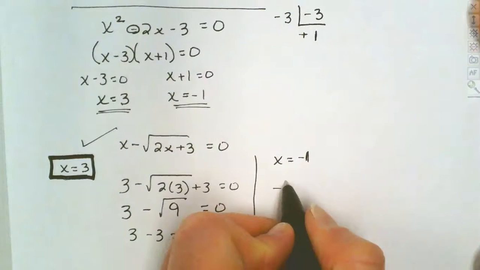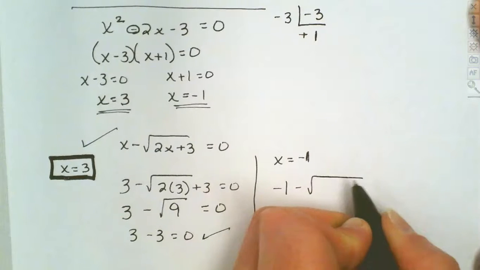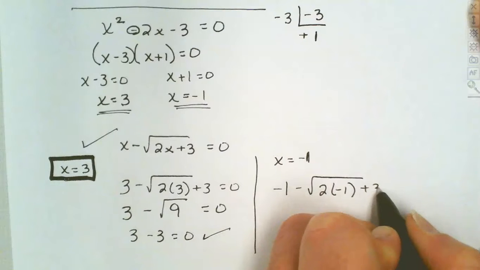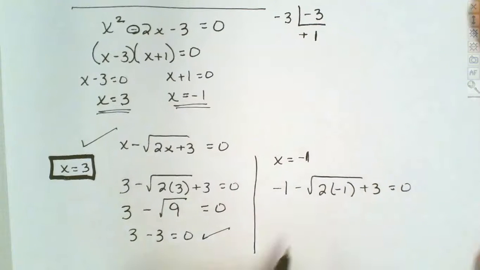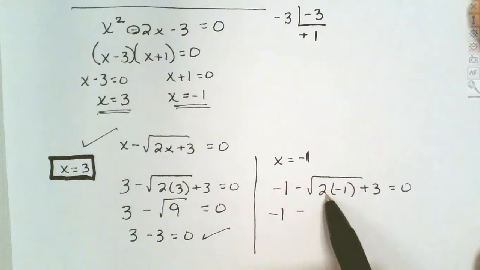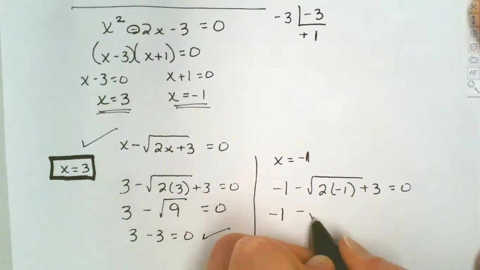And that is then negative 1 minus the square root of 2 times a negative 1 plus 3. So that's negative 1 minus, okay, 2 times a negative 1, that's a negative 2. Plus 3 makes it the square root of 1.